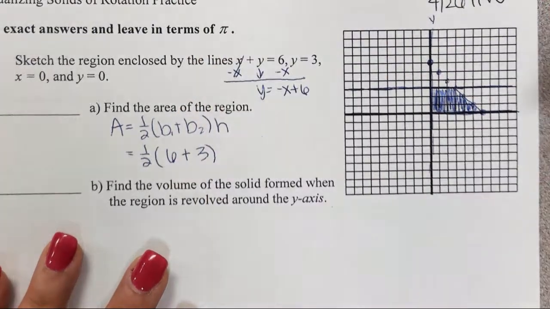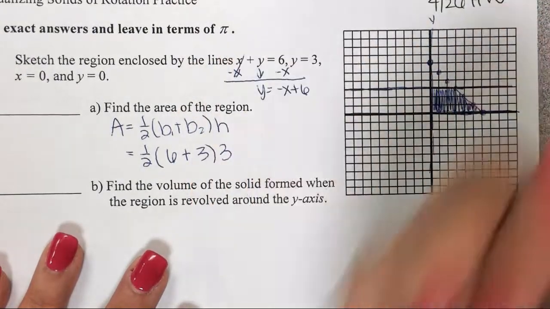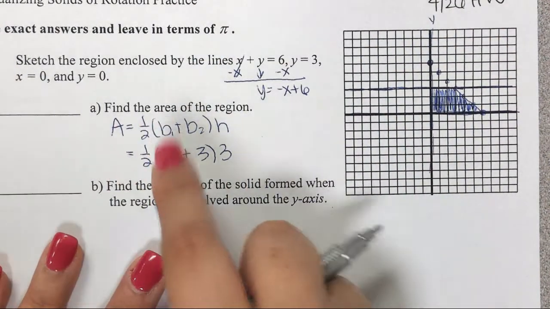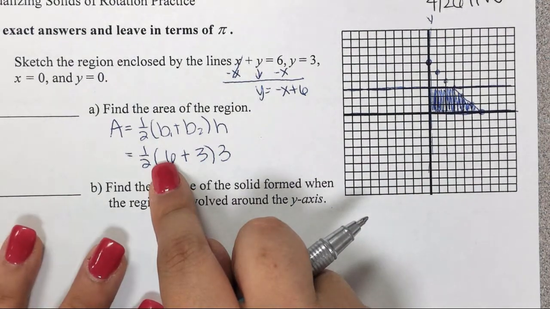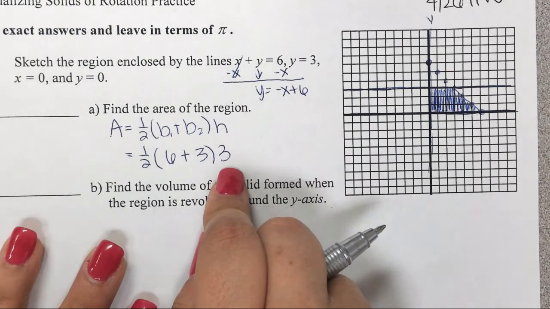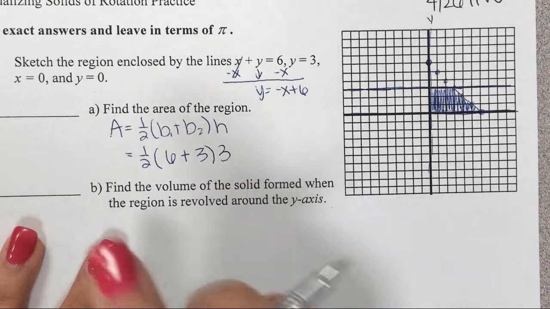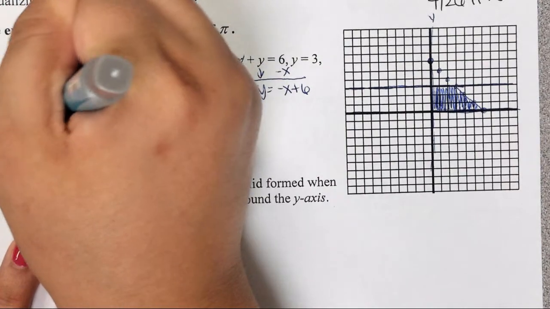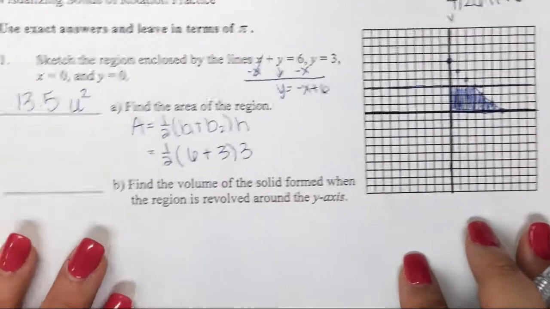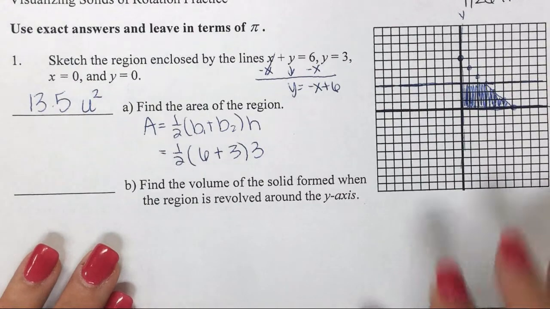And what's the height of this trapezoid? 3. When you put that in a calculator, 6 plus 3 is 9, half of that times 3. And it's area, so it's units squared.